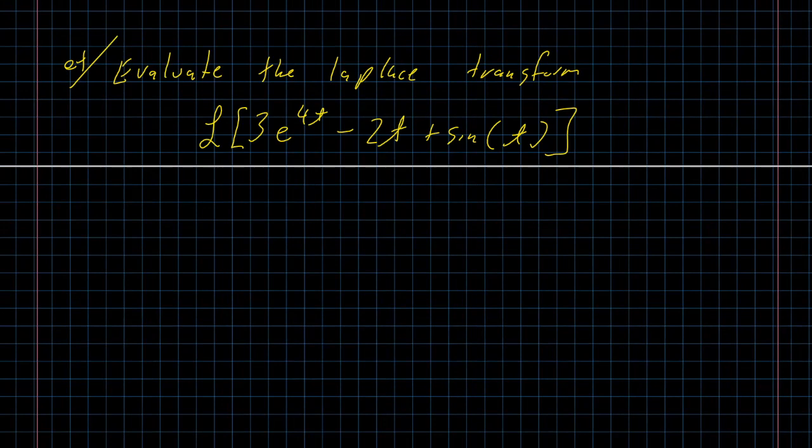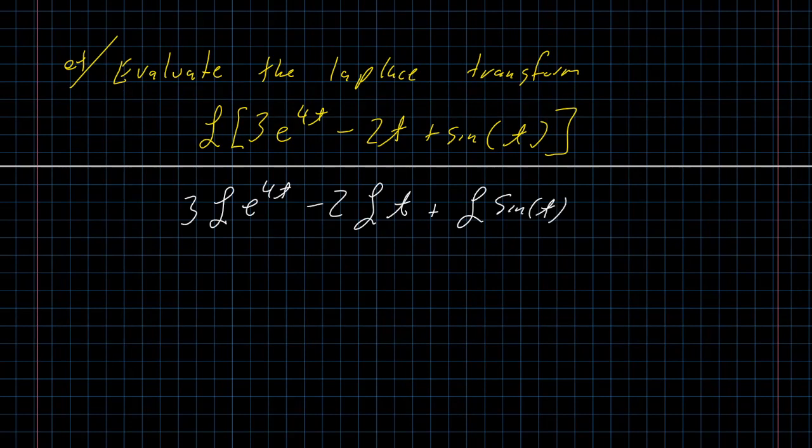Well, using linearity, I can split this up. This is 3 times the Laplace transform of e to the 4t minus 2 times the Laplace transform of t plus the Laplace transform of sine of t.